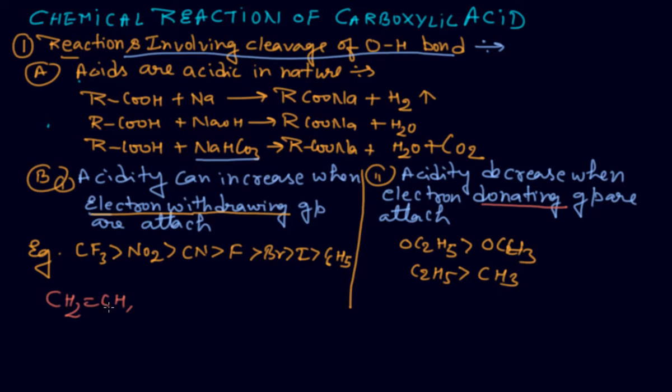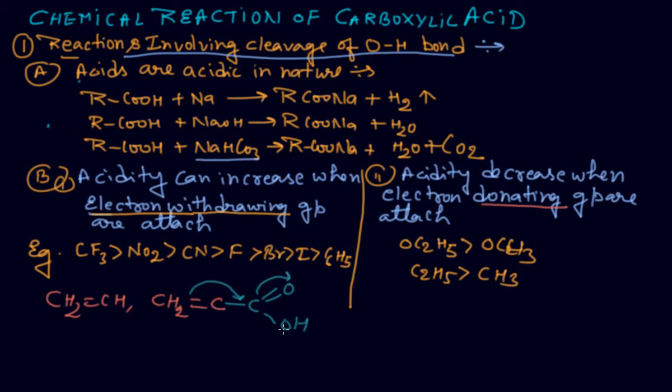If we are taking the vinyl group, you see that the vinyl group is attached to the acidic carbon in this manner, and resonance stabilizes it, so it is more acidic than normal. As you are watching, this bond will shift here and this goes to here.